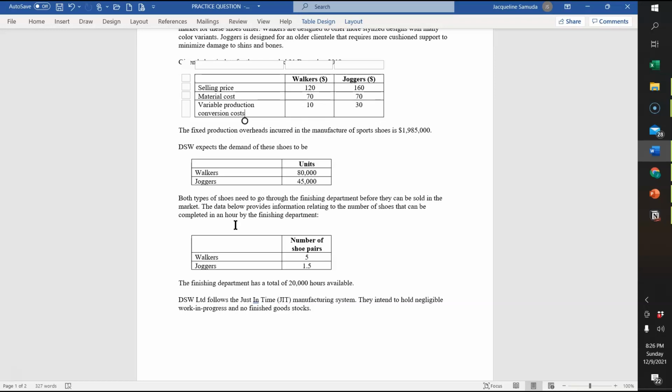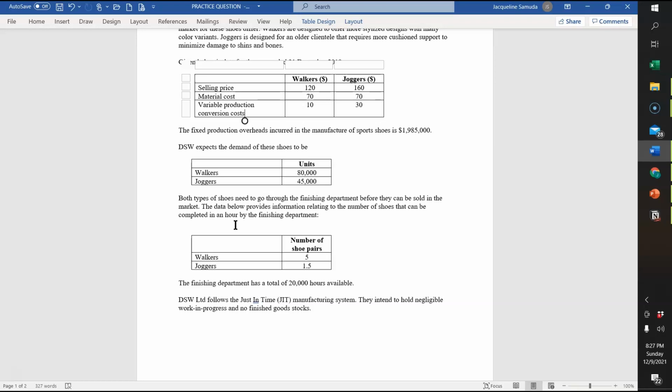For the walkers, the company can make 5 pairs using 1 hour of finishing department time, and for the joggers, only 1.5 pairs. It also gives you the restrictions, the maximum amount of resource available for the year: the finishing department has a total of 20,000 hours available.